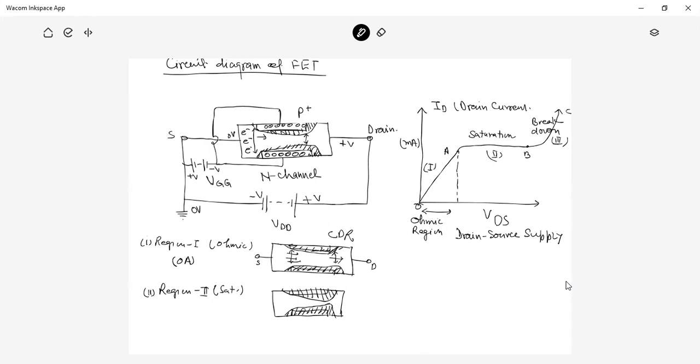CDR is growing, so there is a very small passage. What I mean is, if there is a current in the source, here it is drain. By increasing voltage, no further current will flow out. That is AB.